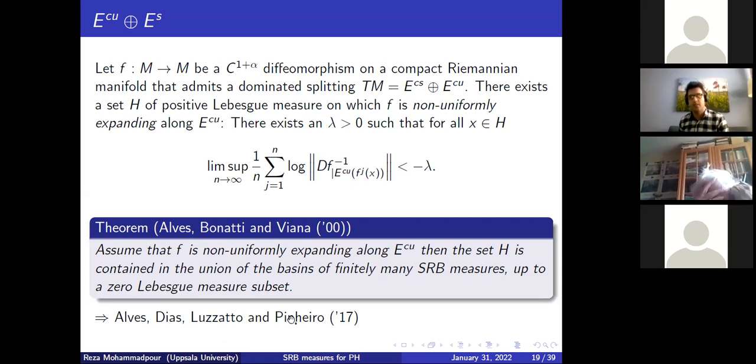What they did was replace the lim sup condition by lim inf. Okay, that's the main result of this paper by Alves, Bonatti, Viana: they show that there exist finitely many SRB measures for this system under non-uniform expansion along E^CU.